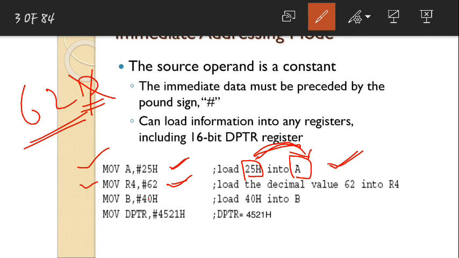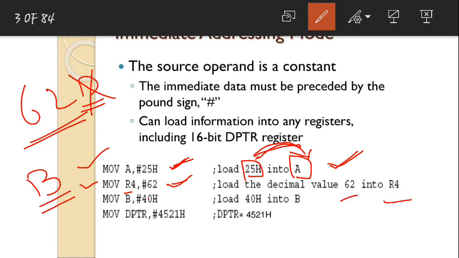So I am trying to move this decimal value into R4. Whatever format you give here, be it hexadecimal, decimal or binary, in the end your CPU will convert that value into binary format, because it can understand only binary. So it will convert to binary and then move that to R4. So here I am moving my decimal 62 value into R4.